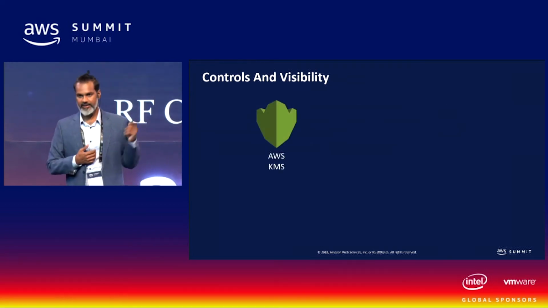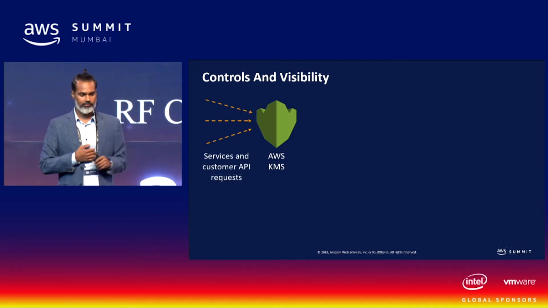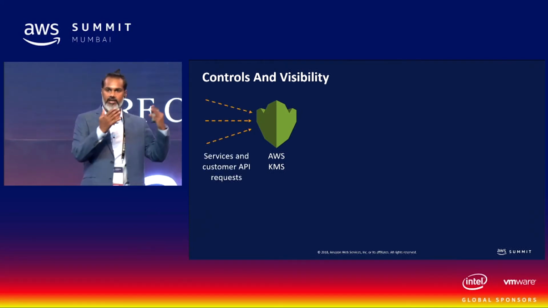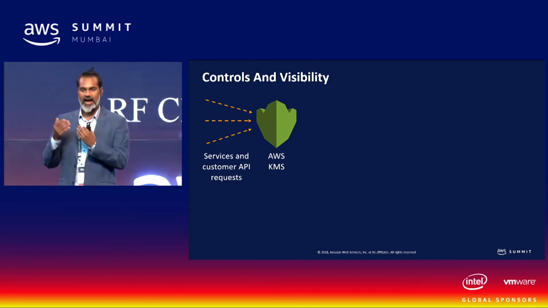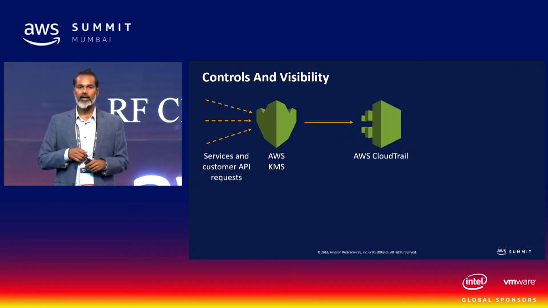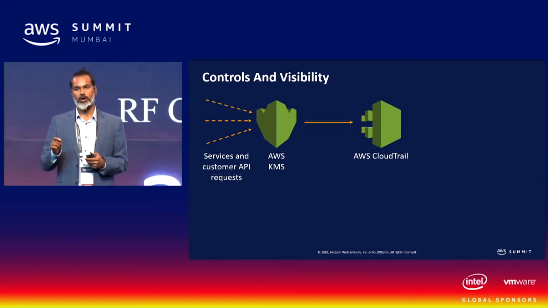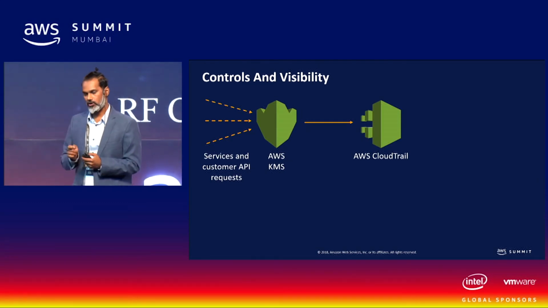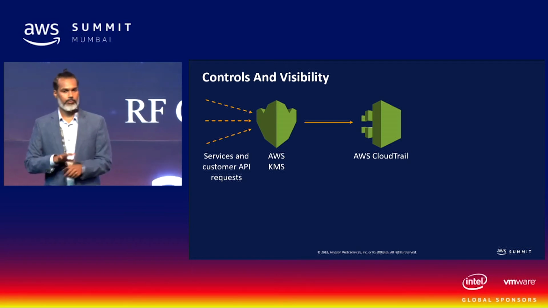KMS gets service requests from various services, that means various application users and API requests. All the actions are recorded in CloudTrail. CloudTrail is our audit service on the AWS platform.